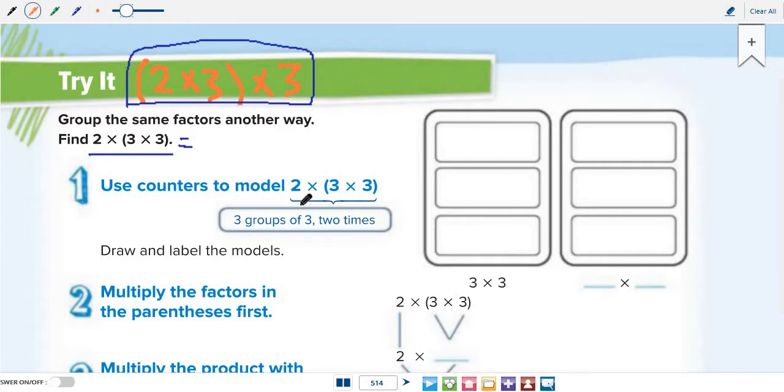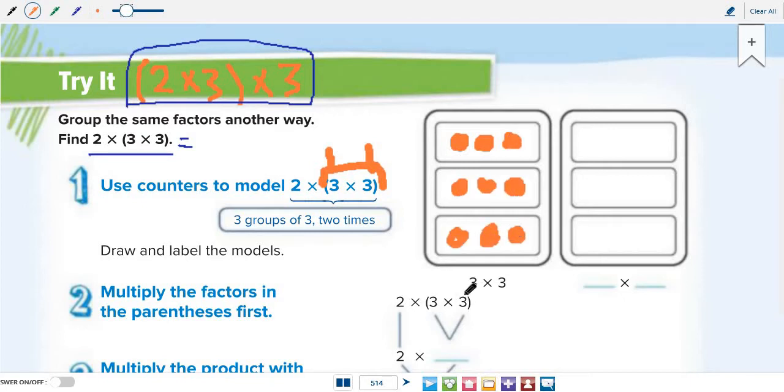Again, use counters to model 2 times 3 times 3. Now, we will draw at the beginning the array of 3 times 3. So we have 3 groups of 3. So this is group 1, 2, and 3. And we have 3 counters in each group, just like this.